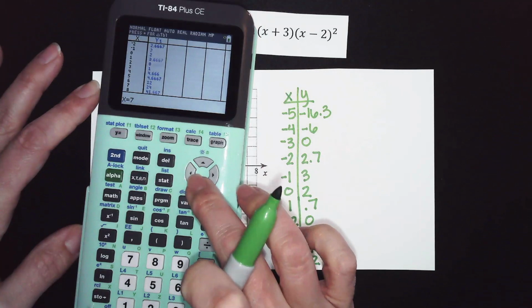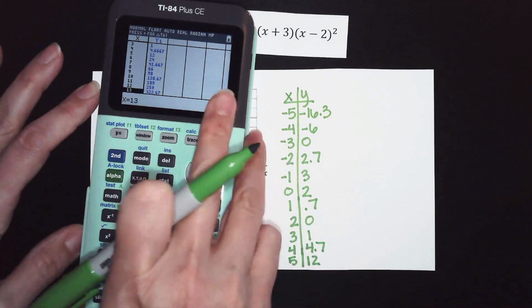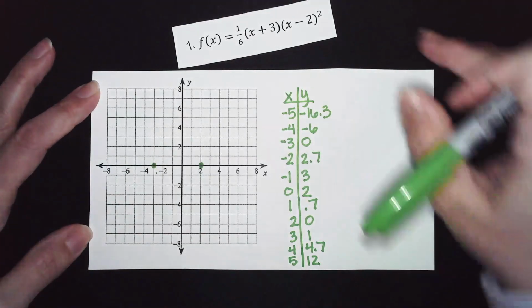And if I keep going down, I'll see that I'm just getting bigger and bigger y values. That's a lot of points we can fit on this graph.